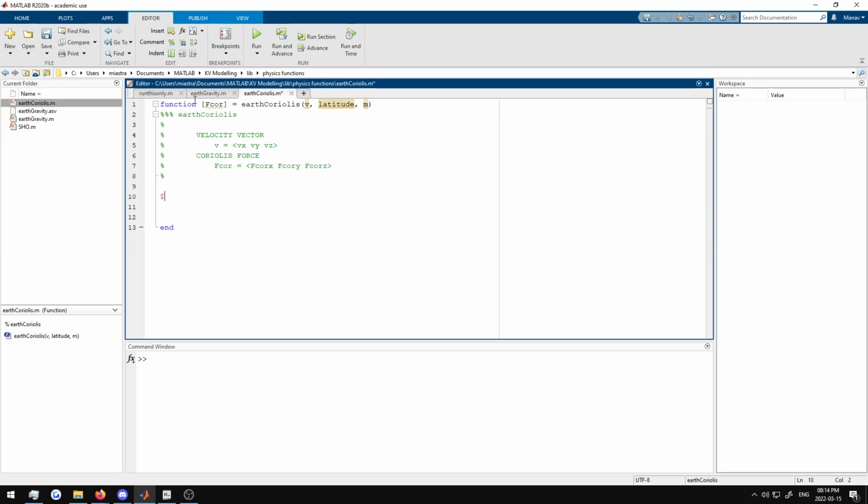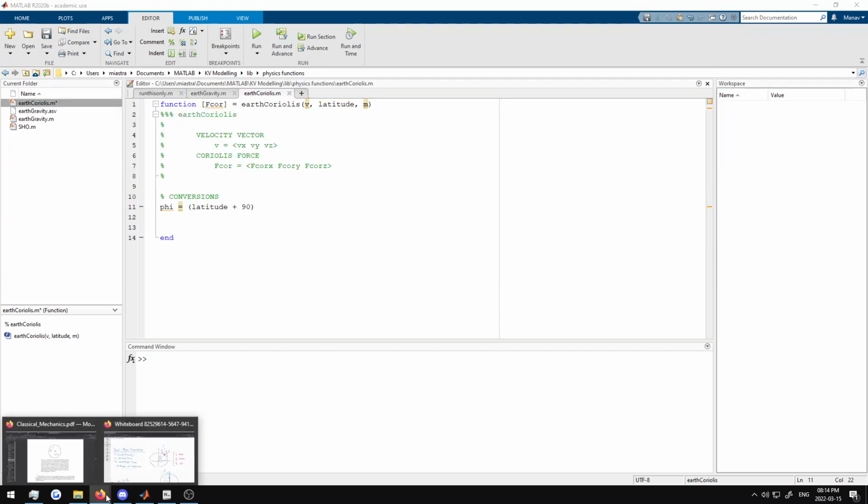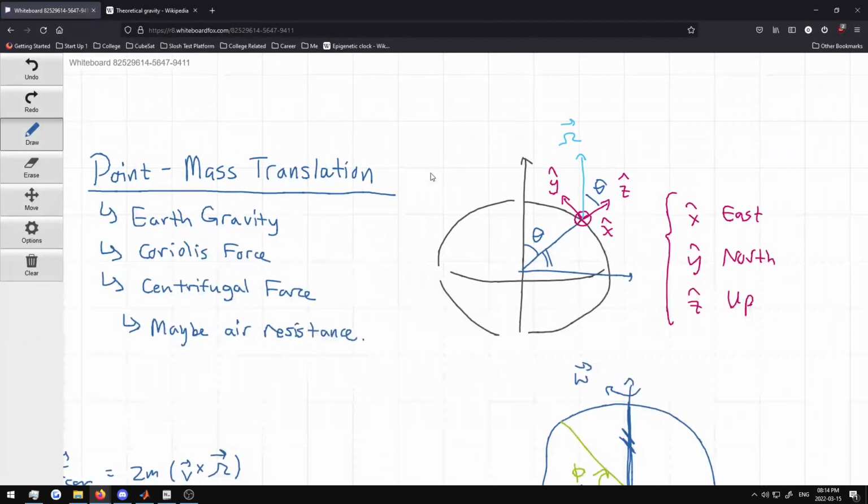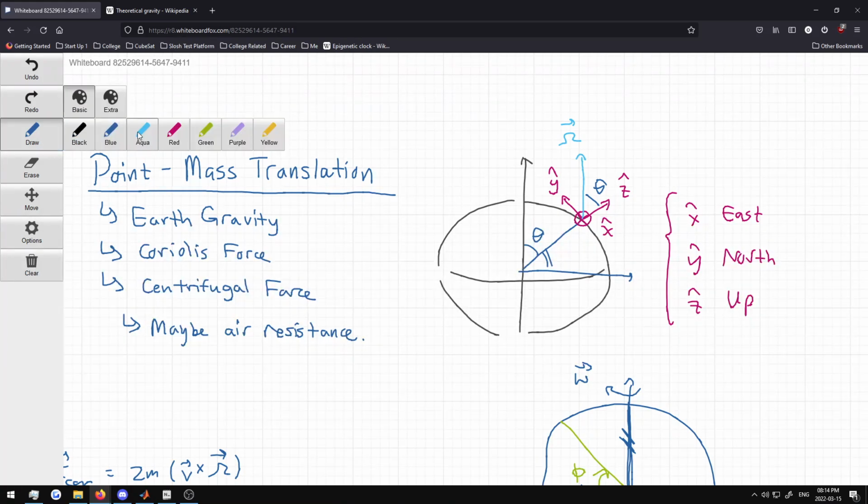And obviously the same conversions as before, where we do phi is equal to the latitude. This time we're going to do plus 90, right? because we're measuring not from the bottom up, we're measuring from top down, right? So the latitude is this value right here.